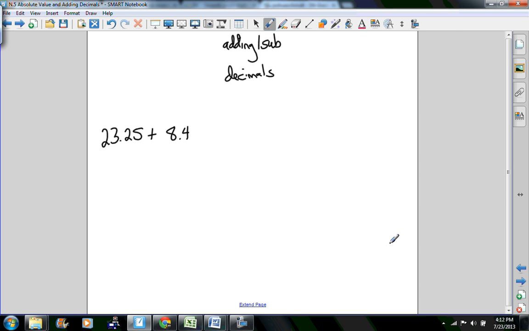Okay, and that brings us to something we've done before, probably in 6th grade or 5th grade, which is adding and subtracting decimals or rational numbers. The key to do this is you want to line up the decimal places. In order to do that, we have to see that this has more decimal places than this does. So we're going to add a 0 here to make them have the same number of decimal places.